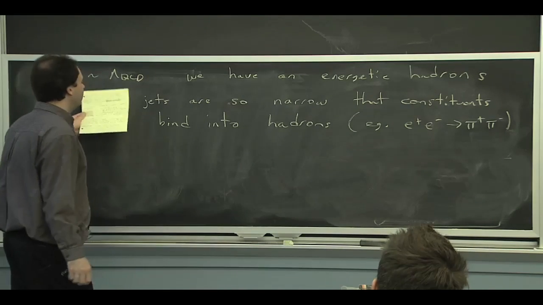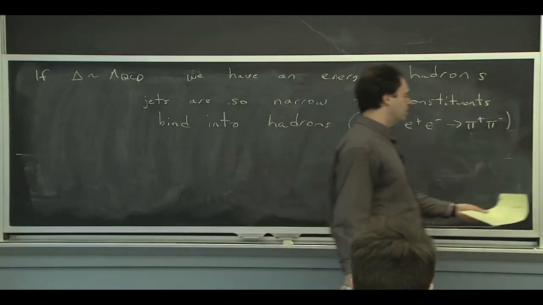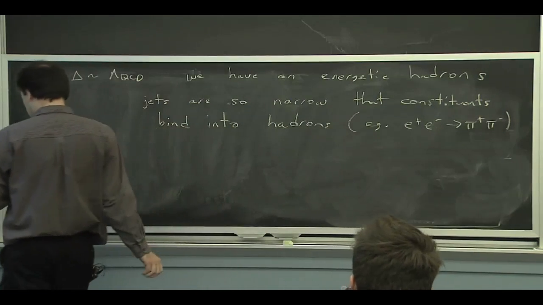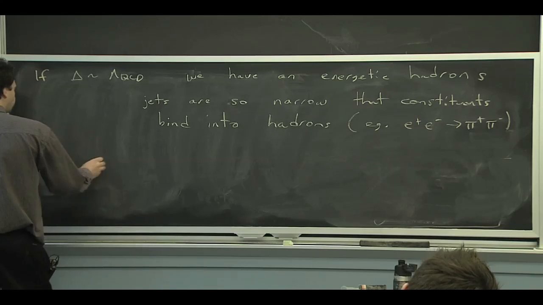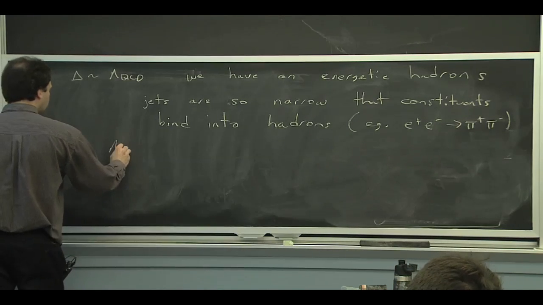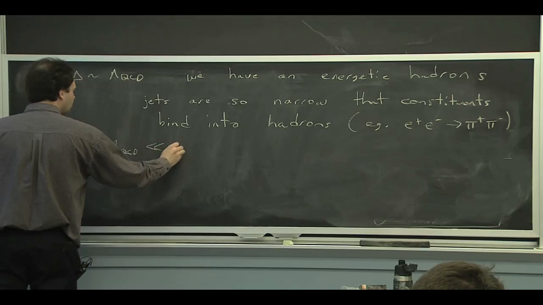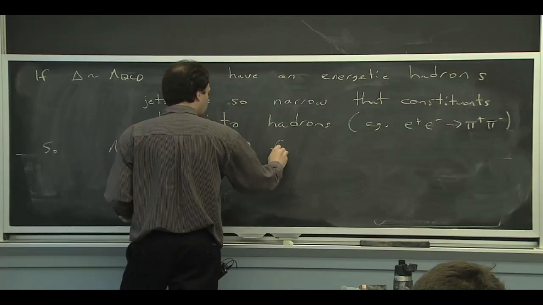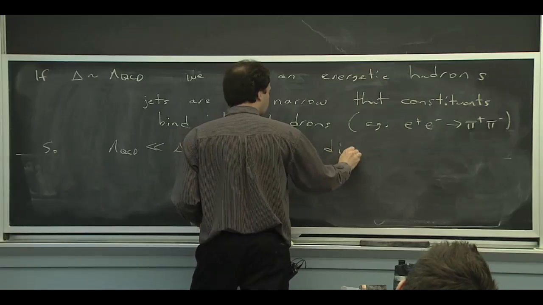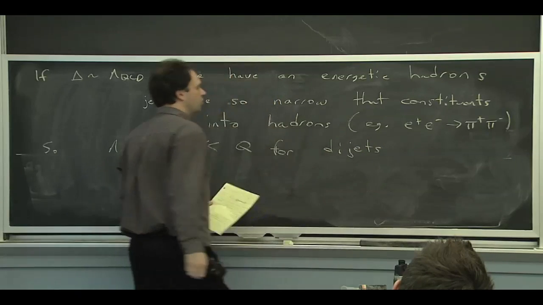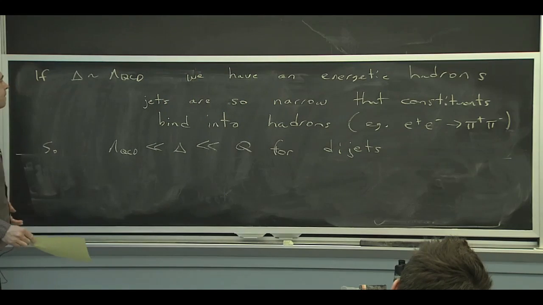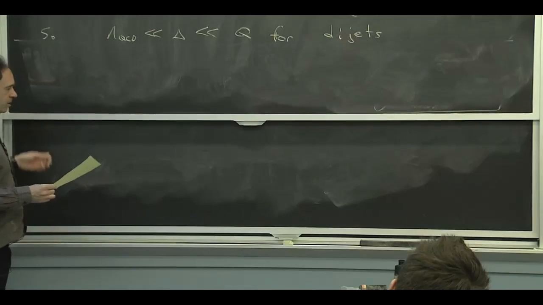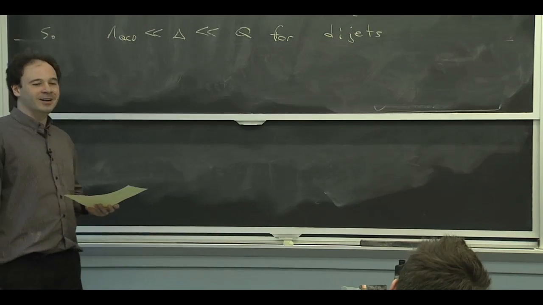OK, so anything kind of in between these two regions, much greater than lambda QCD, much less than q, then we can talk about it as being jets. OK. So we figure out what region we're interested in by figuring out what region we're not interested in.